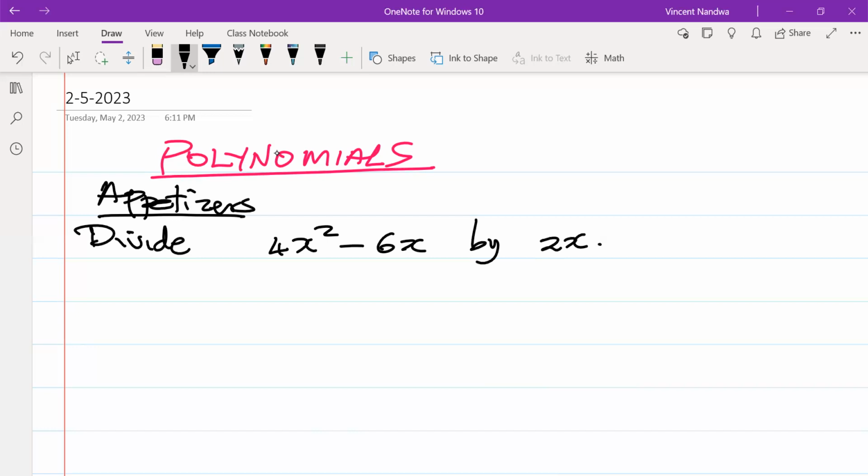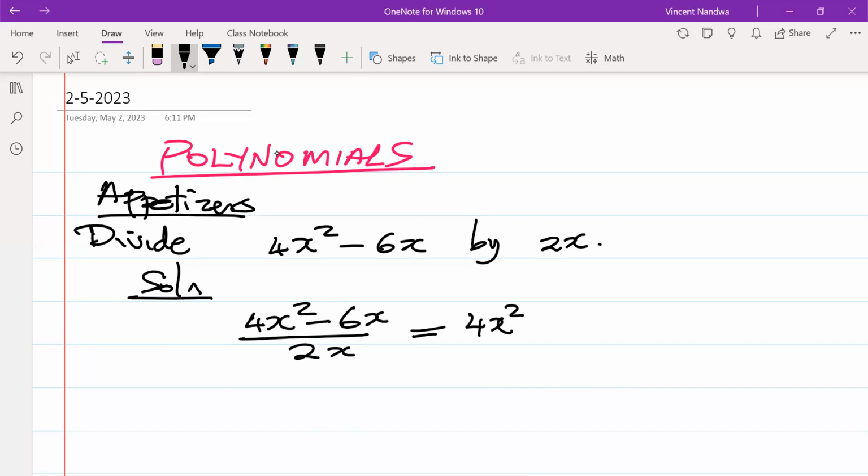So what do you get for this case? Solution means we'll have 4x squared minus 6x divided by 2x, which is the same as 4x squared over 2x minus 6x over 2x.